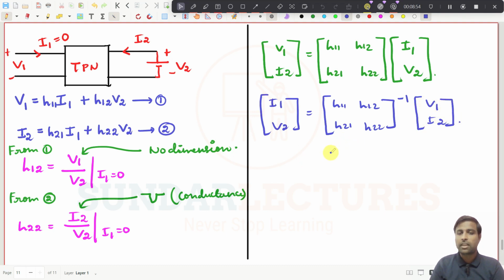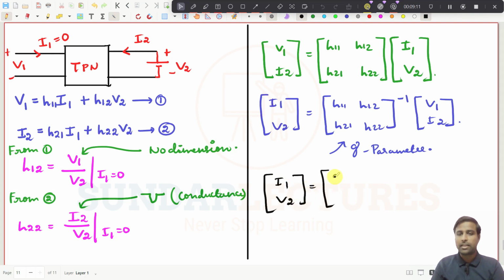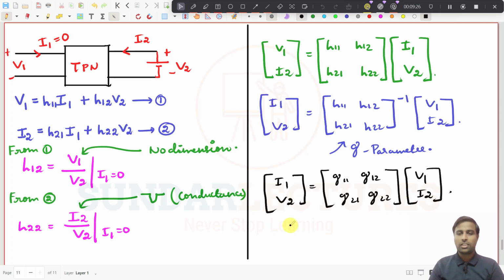And commonly we can call this matrix the G parameter now. See, there are so many things, but you try to understand these kind of things very clearly. So this will be I1 and V2. If you are getting it the backward way, then it will be G11, G12, G21, and G22. Then this value will be V1 and I2. So this is the things we can see in the H parameter, right?